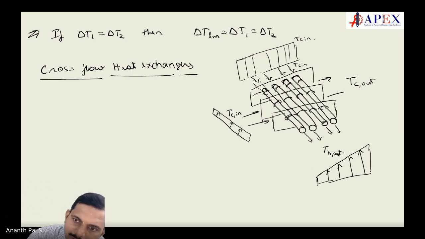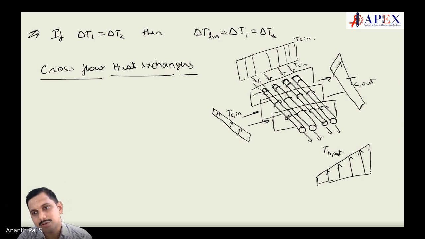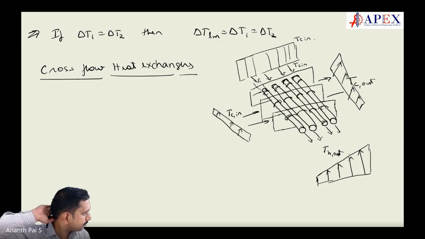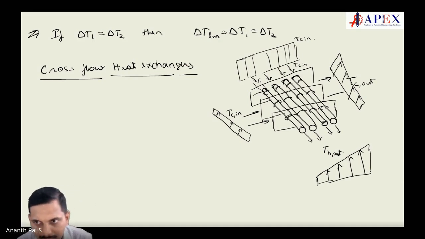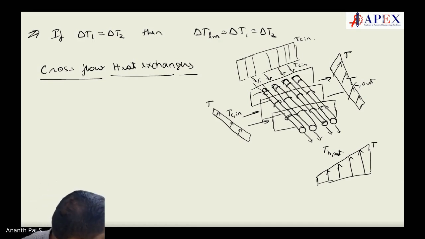And when it comes out here, the one which is near will have a high temperature, and the one which is going away will have a lower temperature, right? Makes sense. This is the temperature on this side. So this understanding has to be there. This is temperature. This is temperature. Makes sense. So understand that.